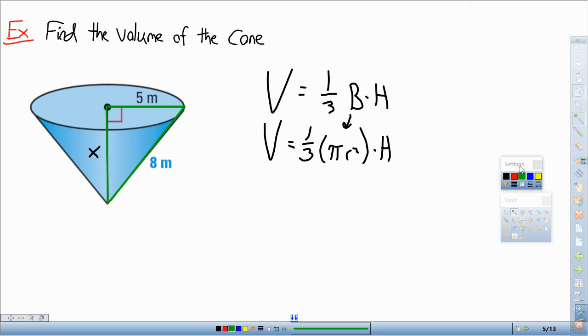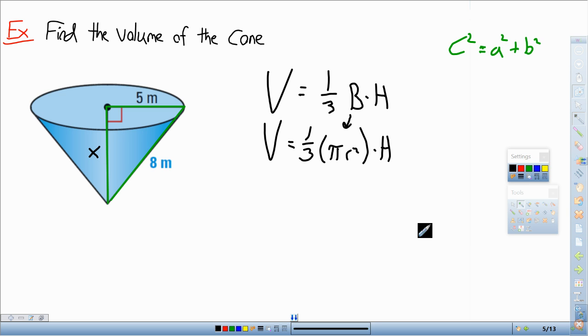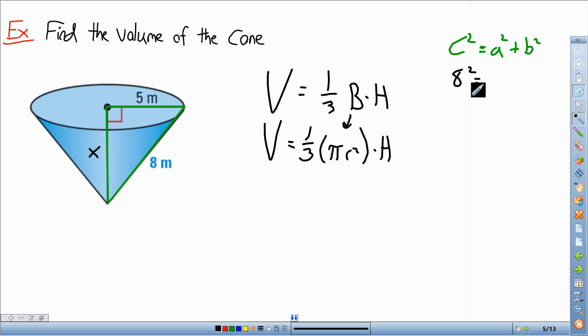So, Pythagorean theorem off to the side: c squared equals a squared plus b squared. Plugging in our numbers. C is always the hypotenuse, opposite that right angle, so we plug in 8. A and B are the other two sides. I'm going to make 5 a, and I'm going to make x b.